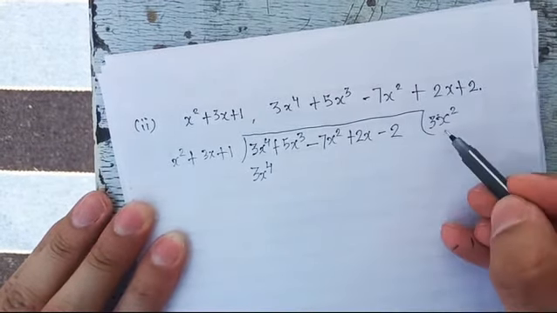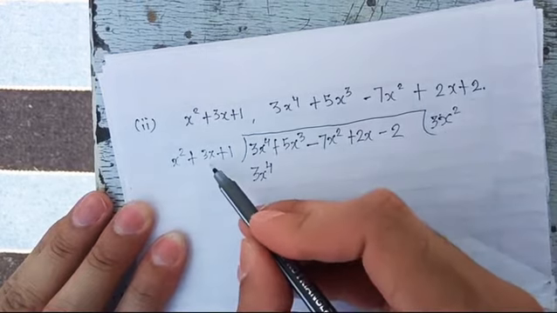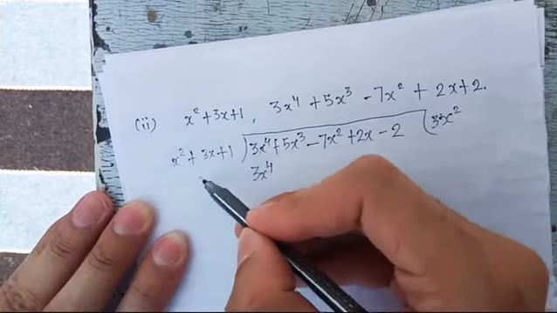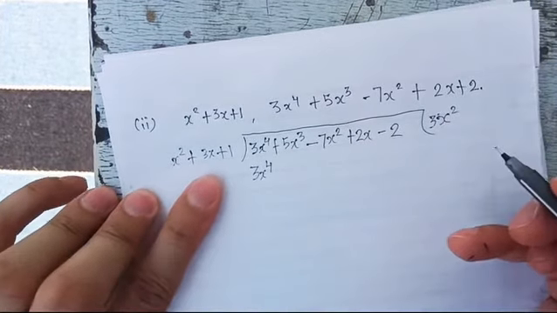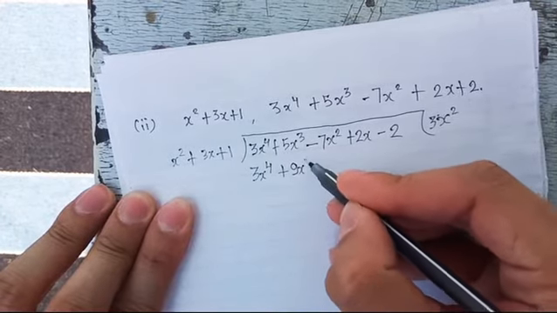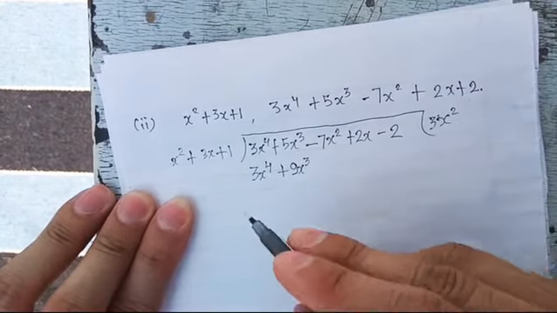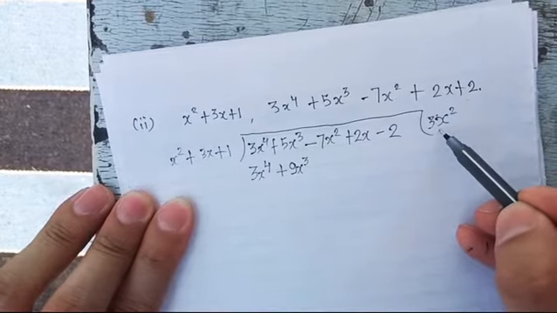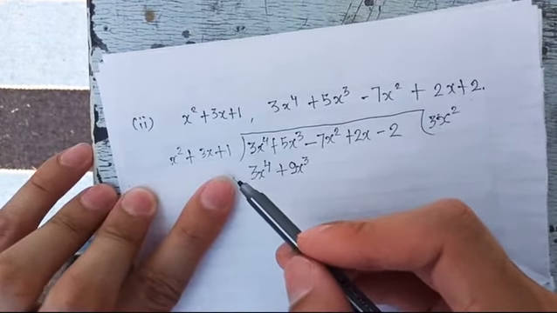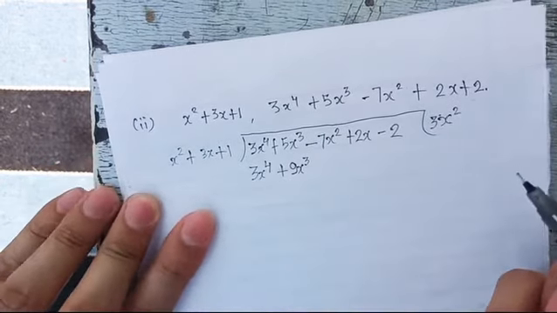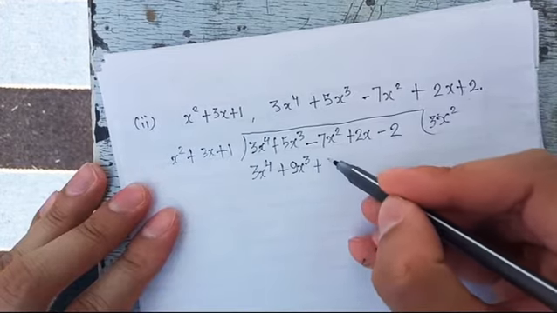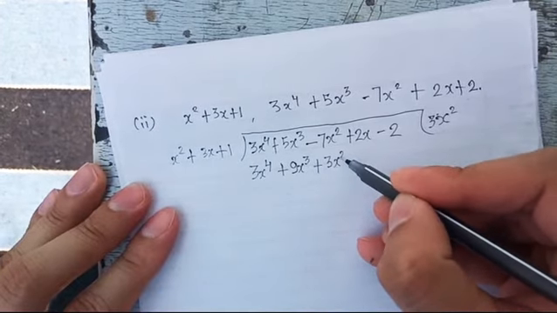Okay, then 3x square into 3x also, multiply with 3x also. So 3x square multiplied with 3x will become 9x cube. So 9x cube I will write here. Okay, then 3x square is multiplied with 1, and you will obtain plus 3x square.